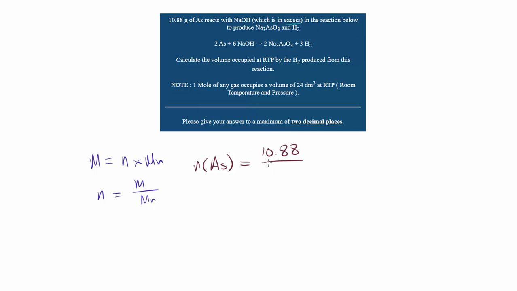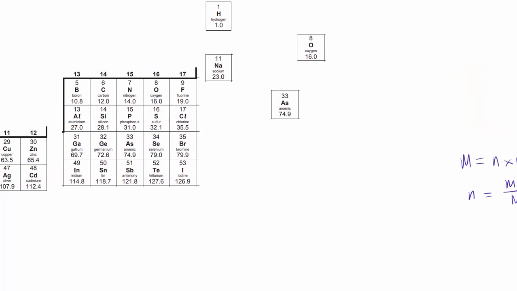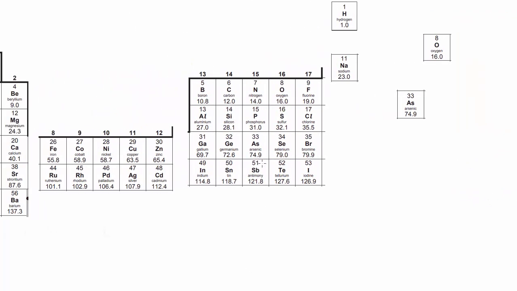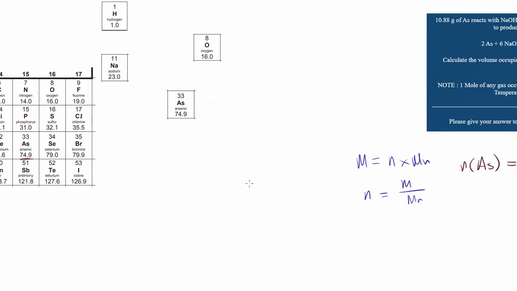So the molar mass, we're going to need to get that from the periodic table. If we do refer to the periodic table over here, you can see arsenic is here, and that's got a relative atomic mass of 74.9, right? So the molar mass of the arsenic, in this case, it's very simple.